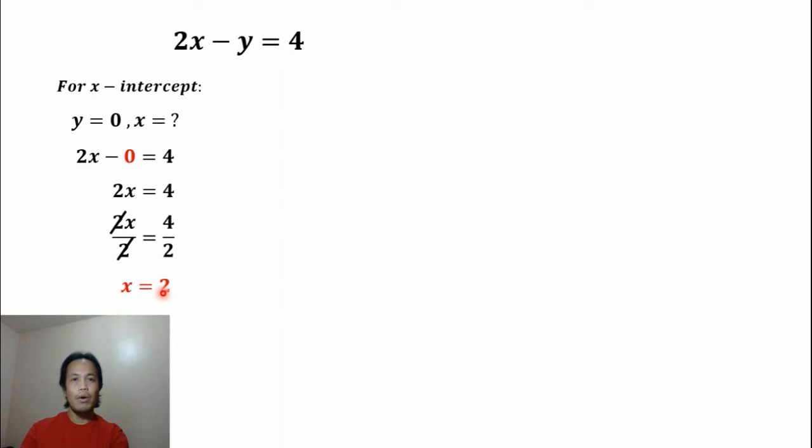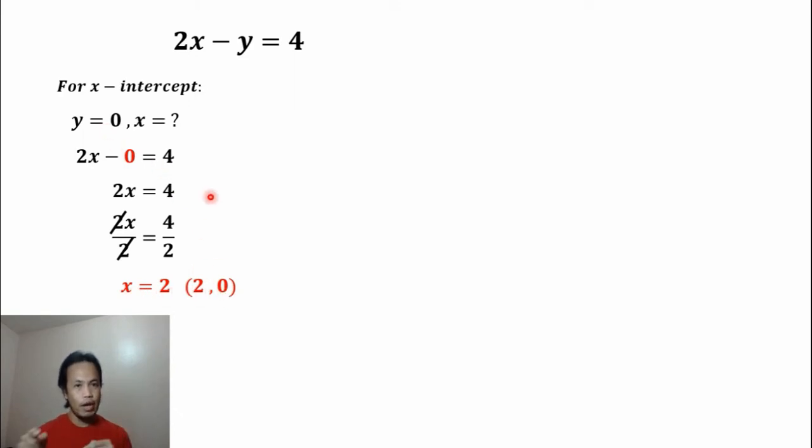So what is now our ordered pair? We need the ordered pair for us to plot the graph in the Cartesian plane. Since our y is 0 and our x is 2, our ordered pair will be (2, 0), because the ordered pair consists of the x coordinate and the y coordinate. The x is 2, that's why we have the 2 here, and this is y, which is 0.